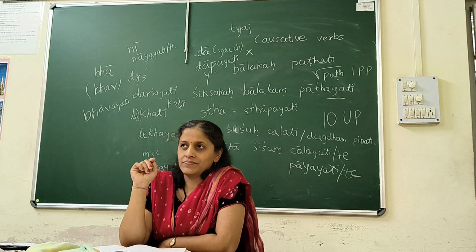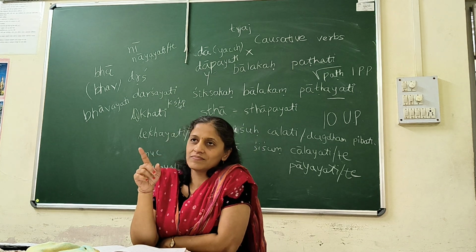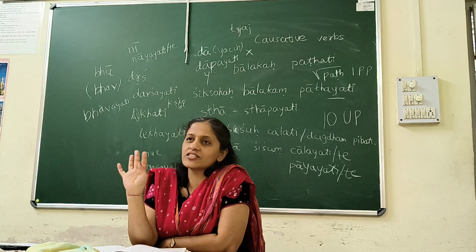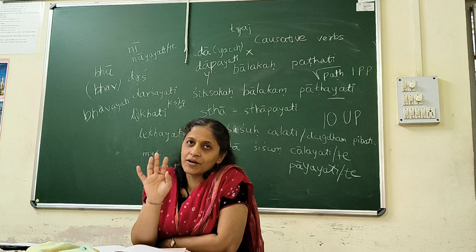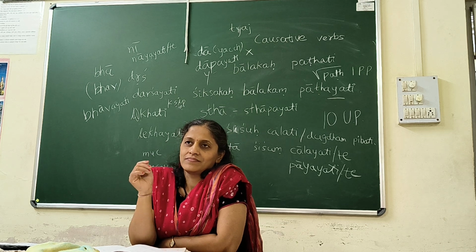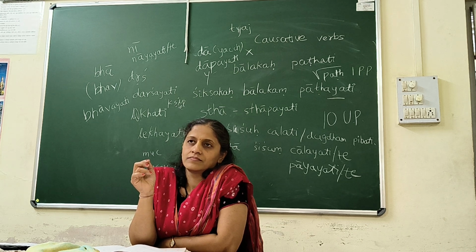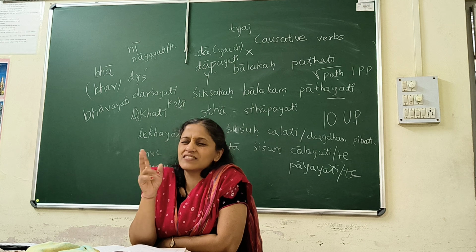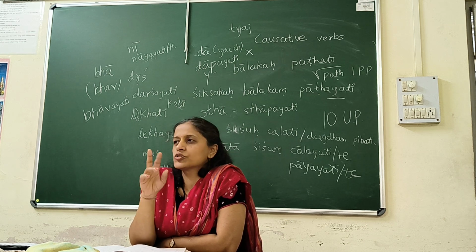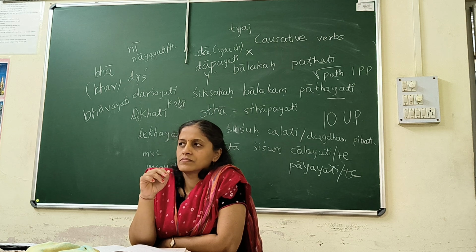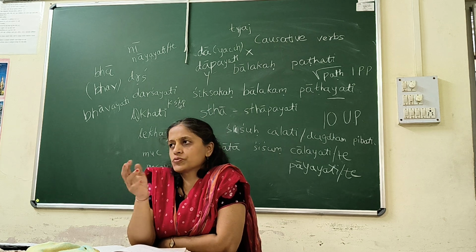But not everywhere. Like I told you, gamayati. Gamayati has no change in vowel. Gamagacha, gamayati. It's the 10th class, so there is no change. We can't see the changes happening because in the 10th class, causative and non-causative forms are the same. It can be causative or non-causative.